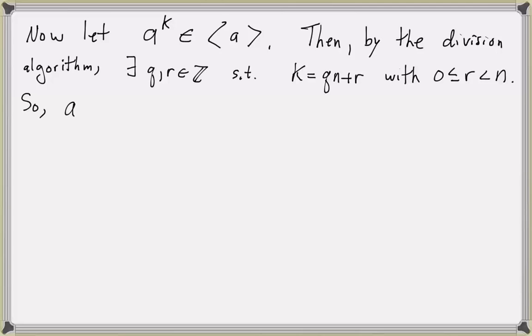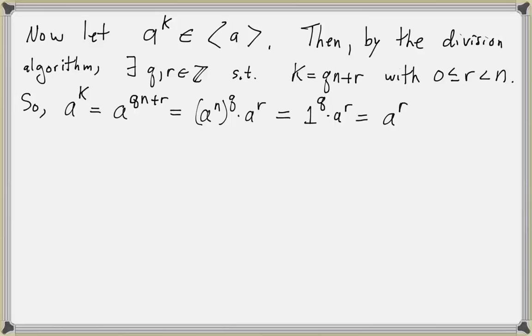So I can write a to the power k as a to the power qn plus r, and then by properties of exponents, this equals a to the n raised to the power q times a to the r. But a to the n is the identity element because a has order n. So this is 1 to the power q times a to the r, which just equals a to the r.